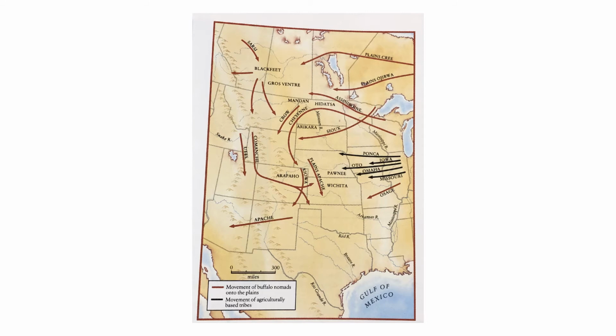So a lot of people in motion, which was what tended to happen. And that process was greatly sped up with the arrival of horses. And then it was also kind of sped up with the arrival of guns, particularly when some tribes got guns and or horses before others.